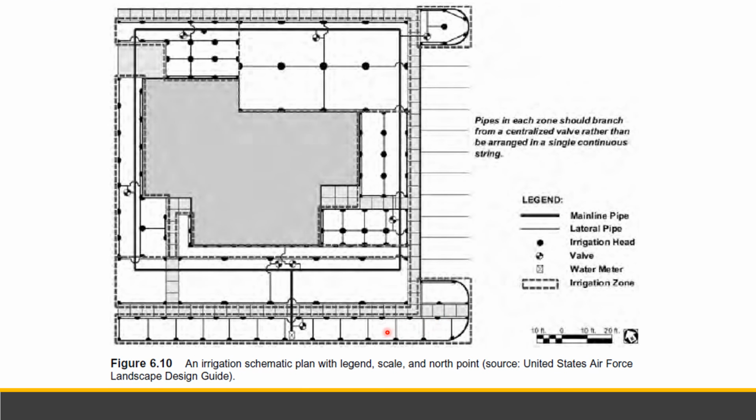And this is an example of an irrigation schematic plan with legend, scale, and north point. This is the north. This is the building. The irrigation is indicated here, around the building. The piping plan inside the building is different.